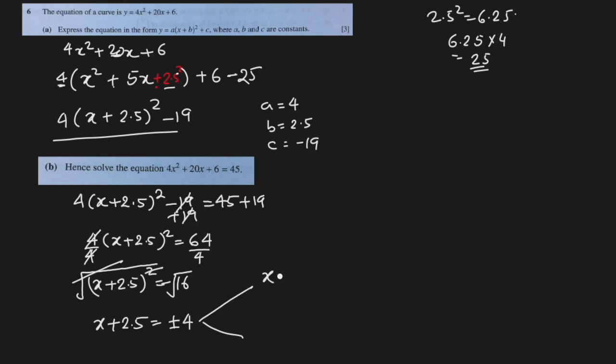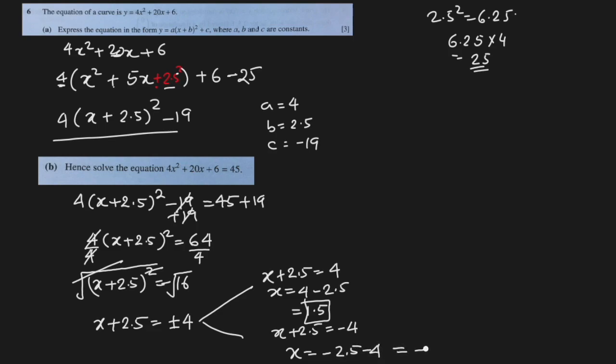This gives us our answer. x plus 2.5 is equal to 4, and x plus 2.5 is equal to negative 4. So what does this give us? x equal to 4 minus 2.5, which is 1.5. This is our first answer. x equal to negative 2.5 minus 4, which is negative 6.5. That's the solution of part b.